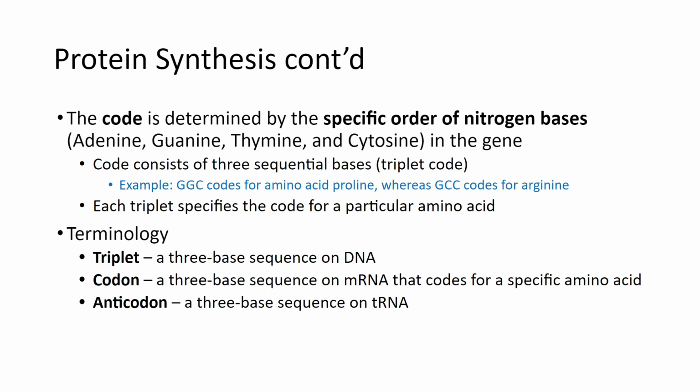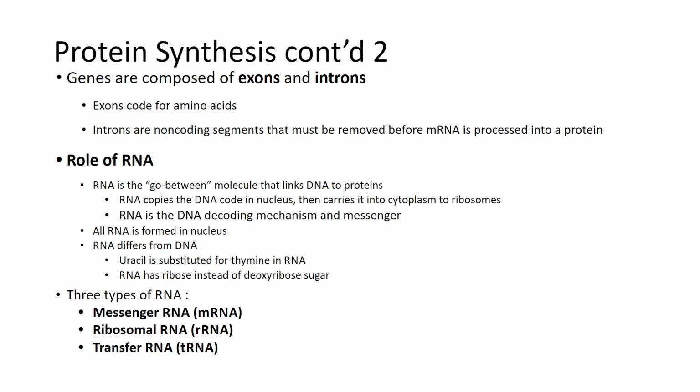And we're actually going to have to convert that code into RNA. On RNA, we're not going to call the code a triplet, we'll call the base pairs a codon instead. And those codons on RNA can pair up with an anticodon on tRNA, and all of that comes together at the ribosome to help us make protein.